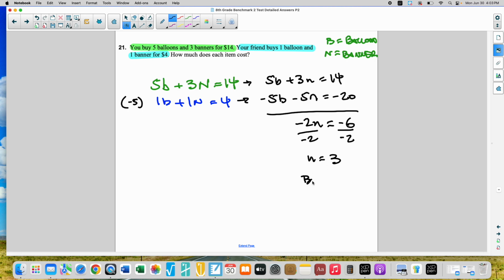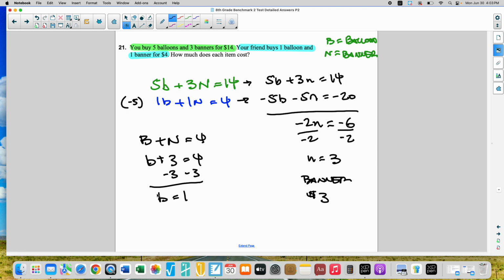So the banner costs $3. And now I can choose either one. We'll use this equation, b plus n equals 4. I plug in the $3 for the banner and then subtract, and I get the balloon equals 1. So balloons are $1. Okay, $3 for a banner, $1 for a balloon.